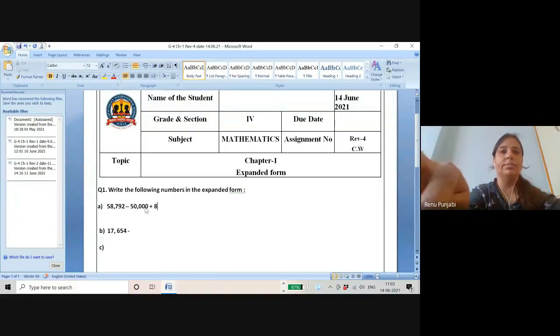Observe that we are expanding the number according to the place values. If you know the place value of 5, you will easily expand it. The place value of 5 is 50,000, so you write 50,000. 8 is 8,000, you write 8,000. 7 is 700. 9 is 9 tens, meaning 90, and the 2 is alone.